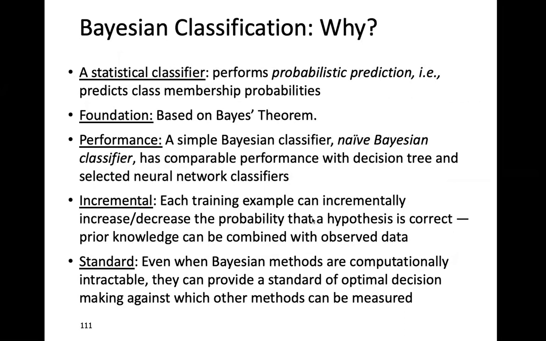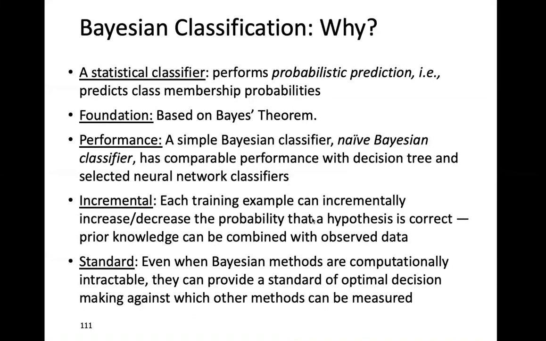The problem with Bayesian classification is that you need a lot of data to collect all the marginal probabilities and densities when you are trying to build the classifier.